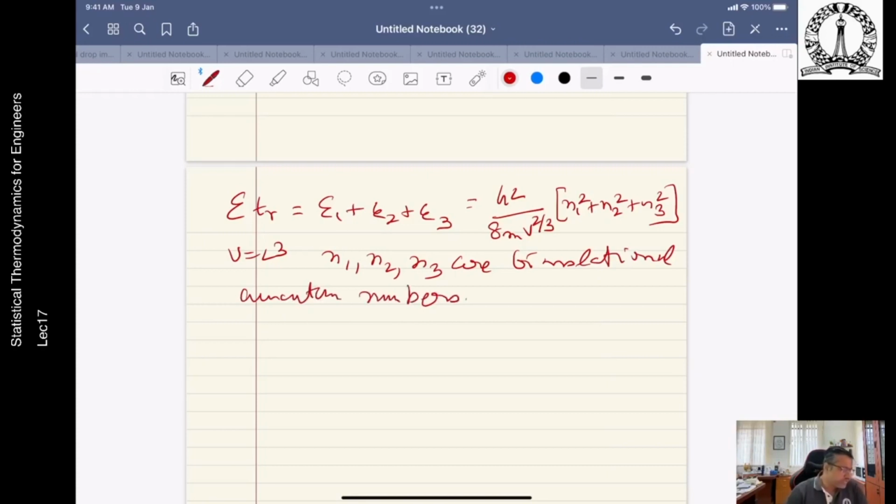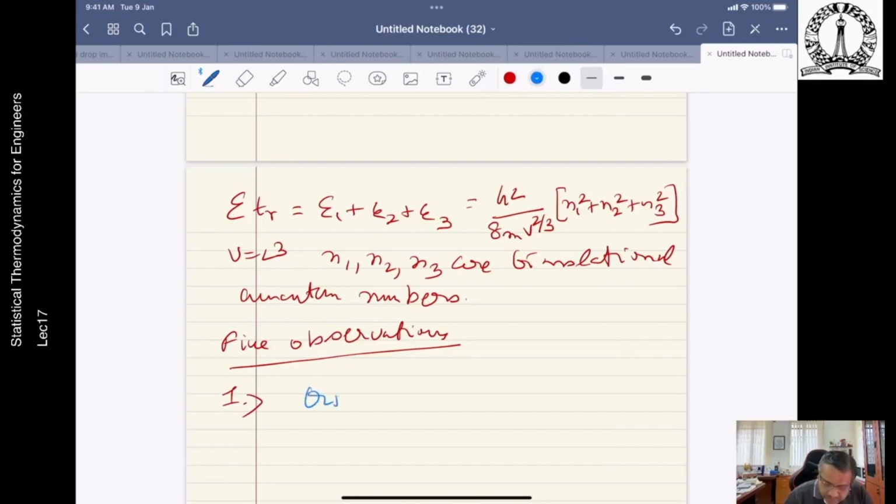There are 5 important observations, as we said in the last class, that we can make. First observation: we note that these quantum numbers are generated automatically.